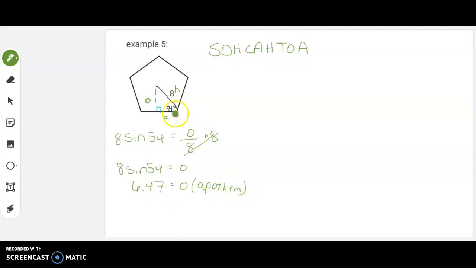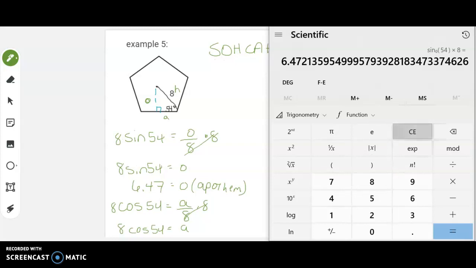Okay, now I need to find this side. I need to find the adjacent side. So the adjacent side is going to be cosine because it's adjacent over hypotenuse. So now I'm going to set up cosine 54 equals adjacent over 8. So I'm going to get 8 cosine of 54 because I multiply both sides by 8, and that equals my adjacent side.